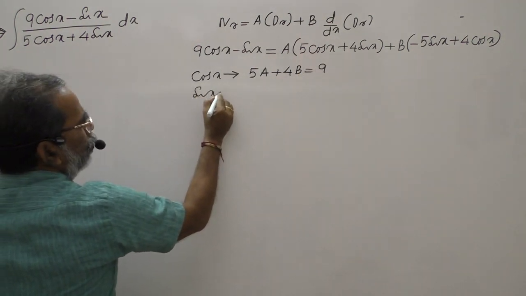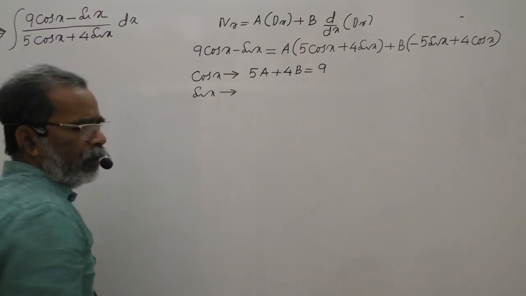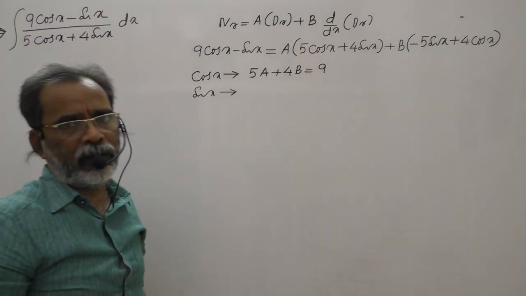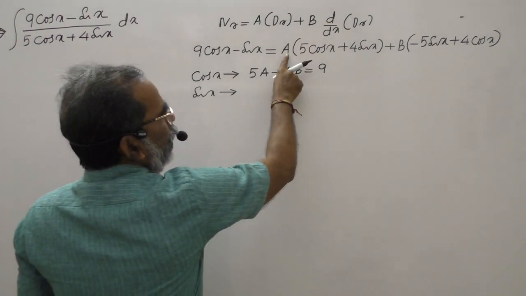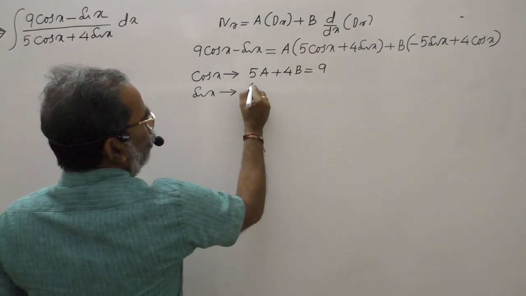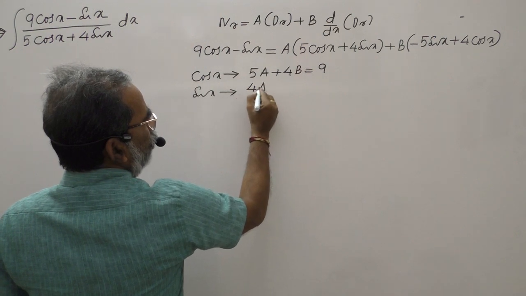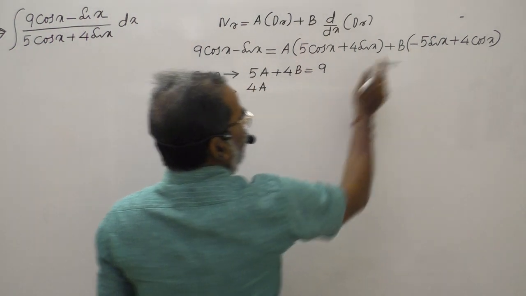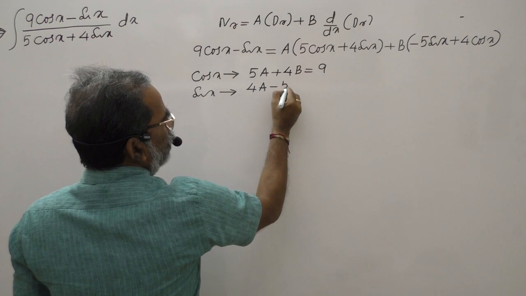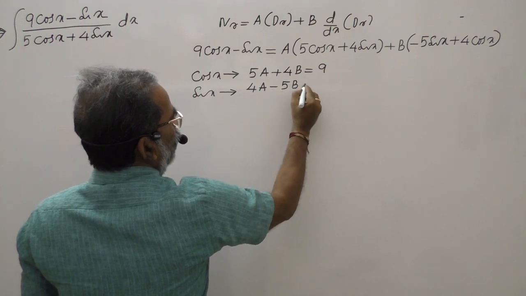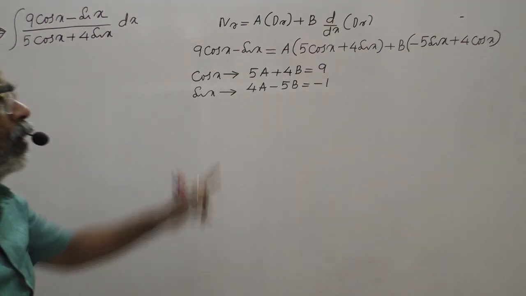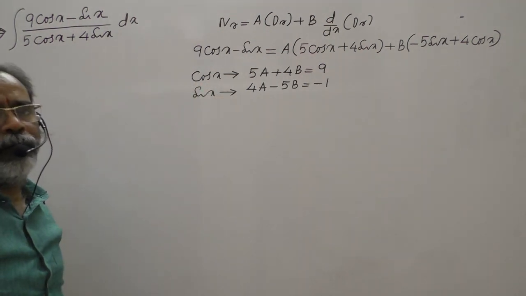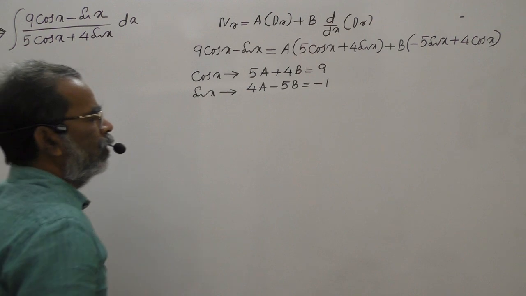To find two values a and b, we need two equations. Next we will equate sine. A into 4 sine, coefficient is 4a. There is one more sine term here, minus 5b. On the left side it is minus 1. Now solving these two, we can find a and b values.